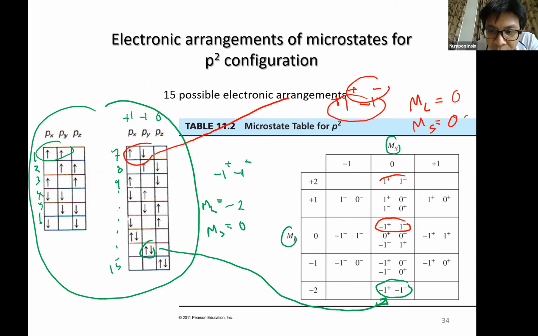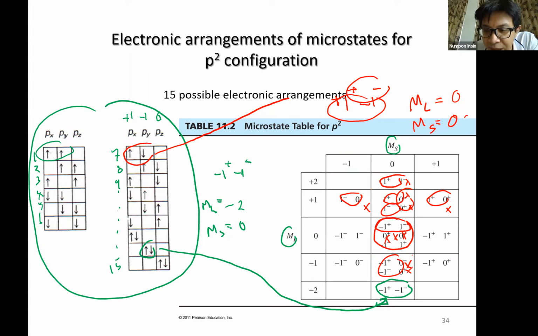So we can reduce this to just X, because we just want to count how many microstates are in each box. You can see that right now in the middle, 0, 0, you have 3X. You have 3 microstates that fall into this box. You have 2 microstates that fall into this box, and you have 1 microstate that falls into these 2 boxes.